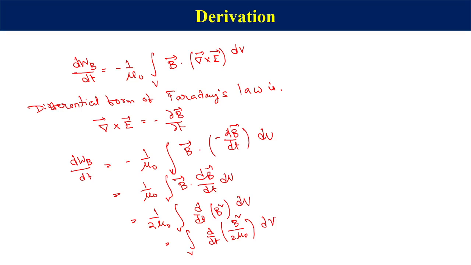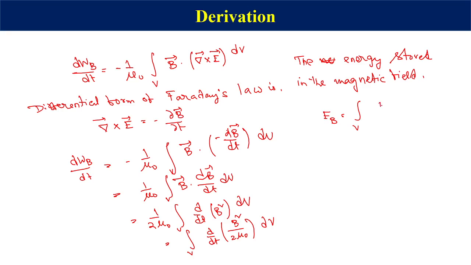So what I can write, the energy stored in the magnetic field is nothing but the volume integral of the term B square by twice mu naught. So this is the final expression for the energy stored in the magnetic field.